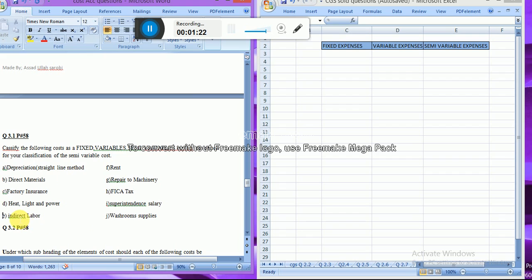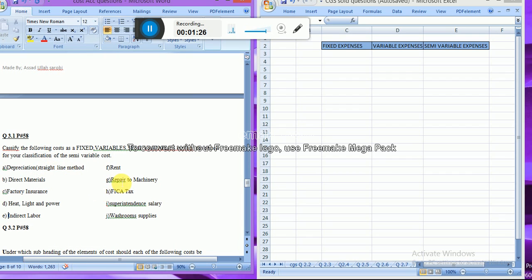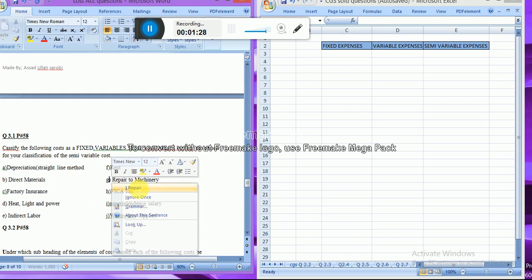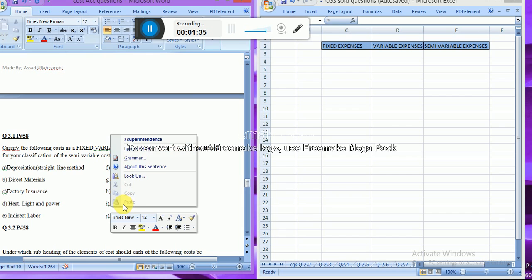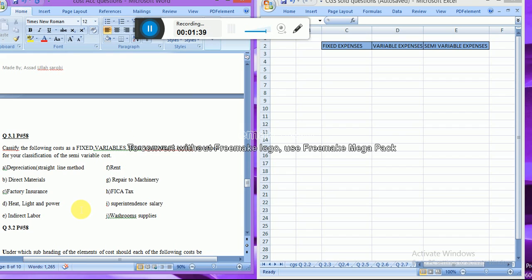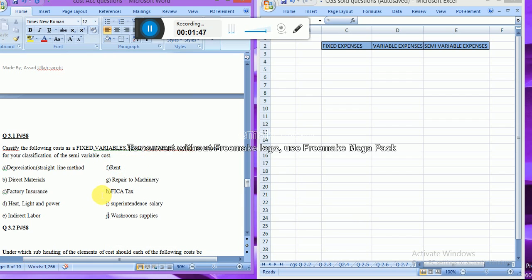Part F, rent. Part G, repair to machinery. Part H, FICA tax. Part I, superintendent's salary. And part J is washroom supplies.